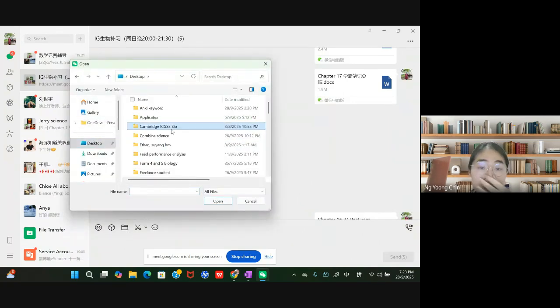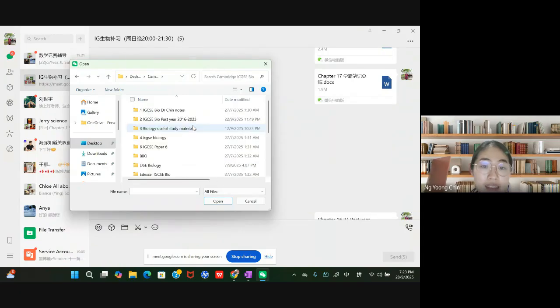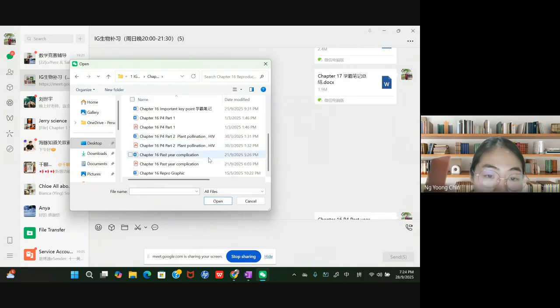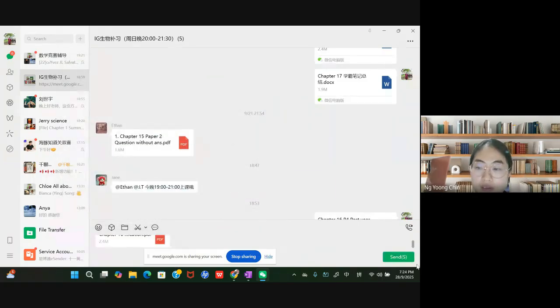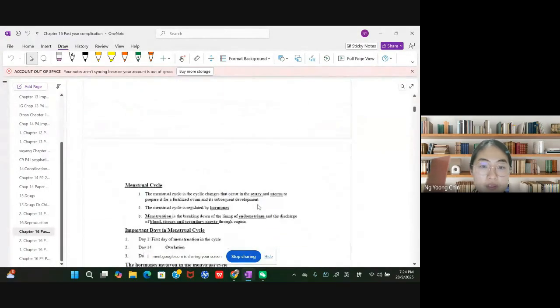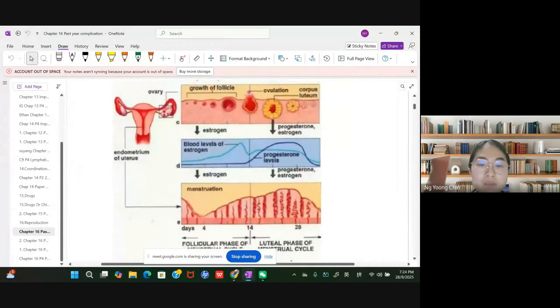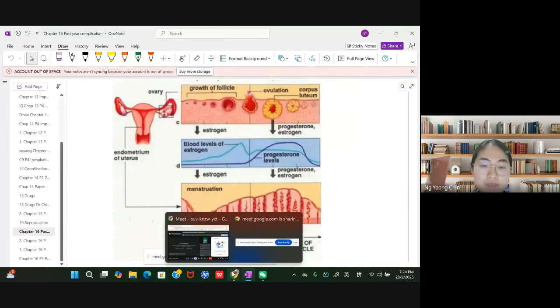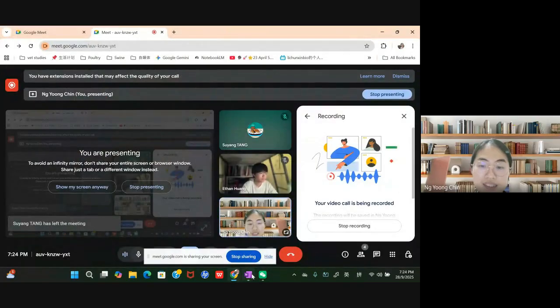Because we are going to use this note to discuss the menstruation cycle. Can you see this note? Are you ready? If you're ready, let me know. Ready. Okay, thanks.